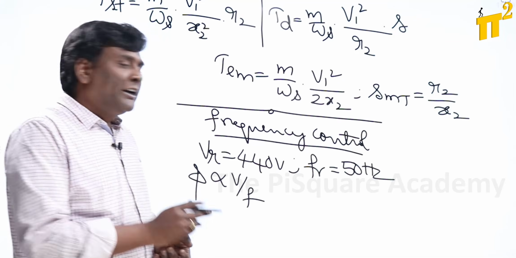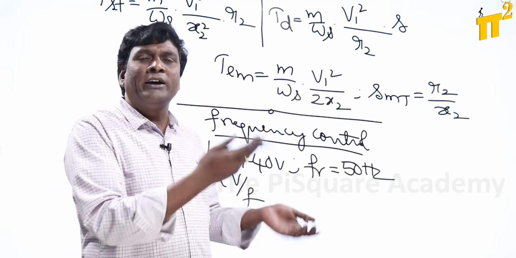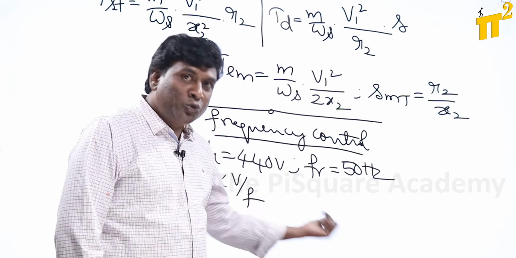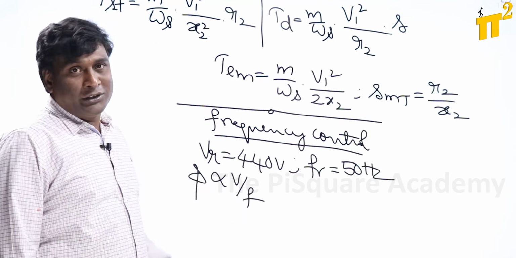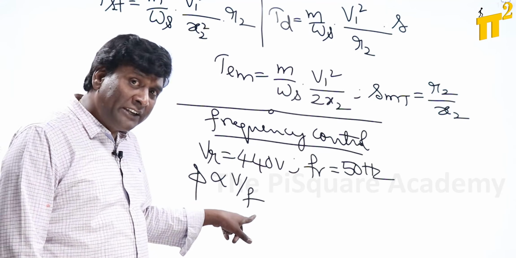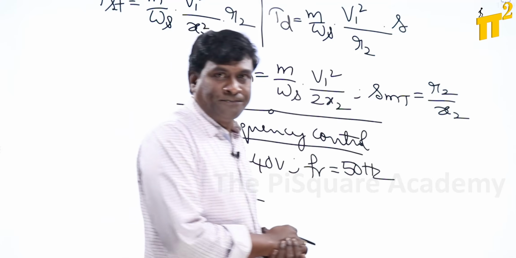Okay, so in order to avoid my machine entering into non-linearity, the moment frequency is reduced to half, voltage also is reduced to half. Then V is reduced to half, frequency is reduced to half, operating flux is going to be same, operating point is going to be the same.